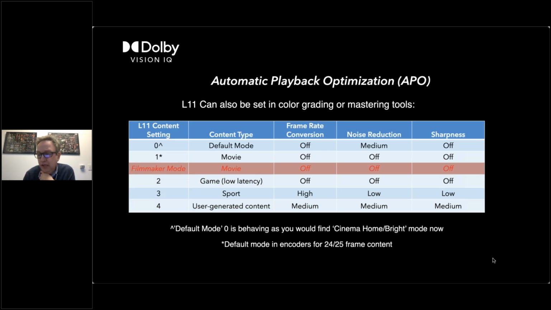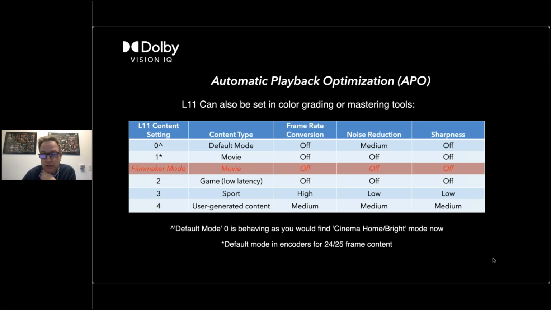Essentially, if you do nothing and your content is 24 frame and 25 frame, the future encoders will automatically see and turn it into movie mode, which, as you can see, setting number 1, movie mode, is very similar to what filmmaker mode does. It turns off frame rate conversion, noise reduction, and sharpness enhancement.